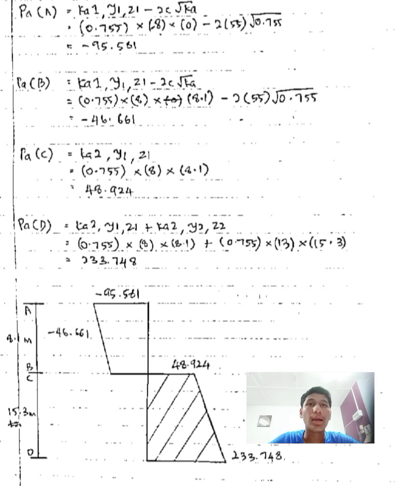For PAA, we will use formula Ka1, which is 0.755 times gamma 1 8, Z1 which is 0, and minus 2C, C cohesion means 2 bracket 55, and power of Ka, which is power of 0.755, and the total is negative 95.581.